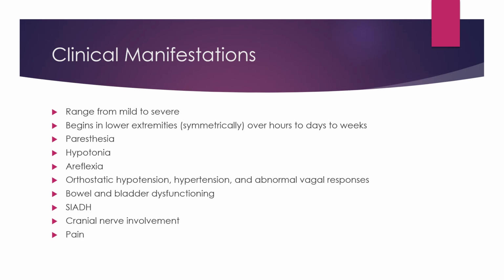So again, clinical manifestations of our Guillain-Barre: it begins in our lower extremities symmetrically, right? And over days to weeks, it's going to gradually ascend, and we're going to have decreased, weakened, and even absent deep tendon reflexes in our legs, in our arms.